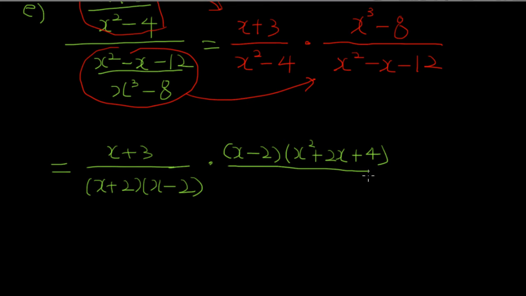And the bottom part right here, I'm going to put x and x and multiply to be negative 12, add to be negative 1, so negative 4, positive 3. All right, negative 4, positive 3.